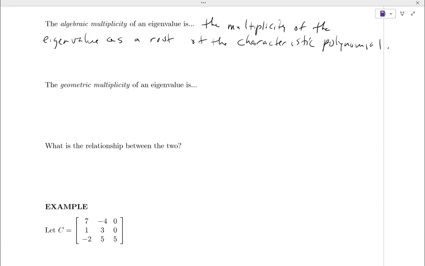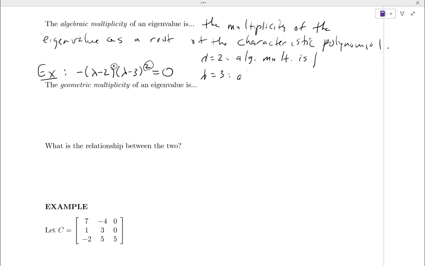In the previous example, we had the characteristic equation, right? We said the power on one factor was an understood 1, and the power on the other is 2. So for lambda equals 2, the algebraic multiplicity is 1. For lambda equals 3, the algebraic multiplicity is 2.